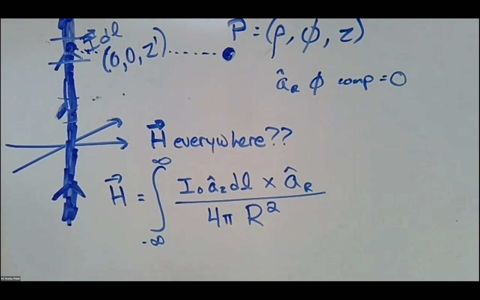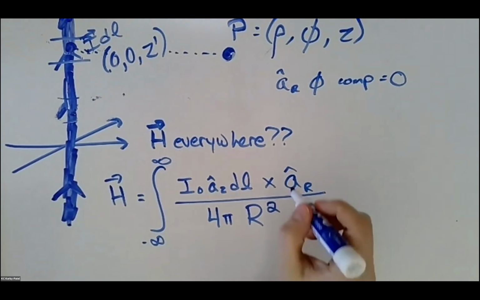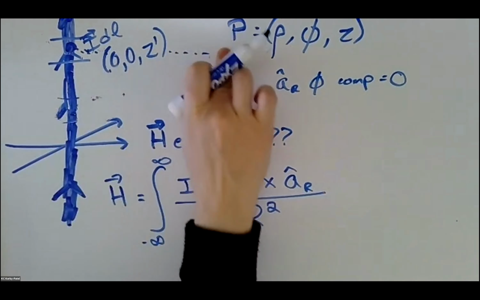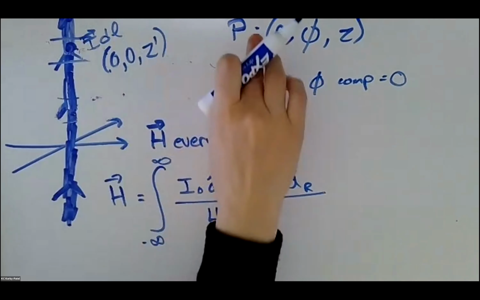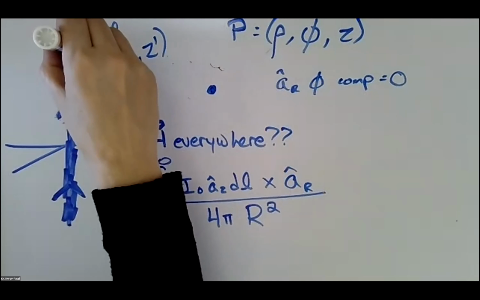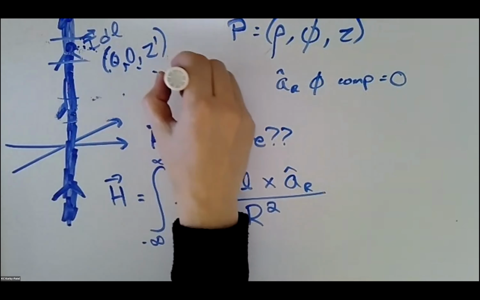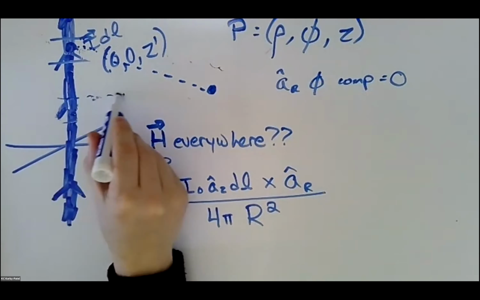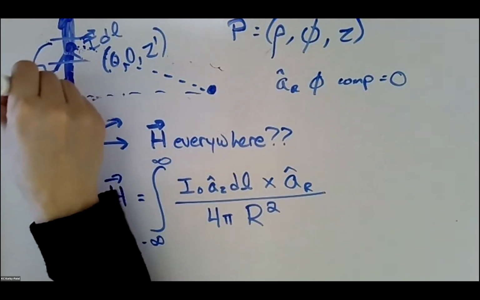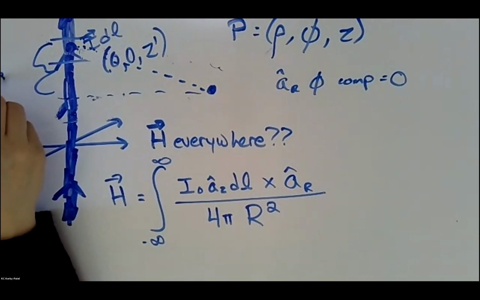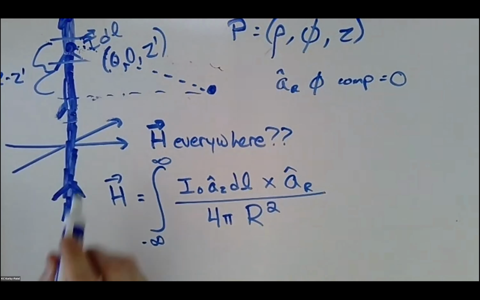And if I want to know, I'm going to draw this at a little bit more of an angle so it's easier to draw the triangles. Let's draw P down here. This length is z minus z prime.